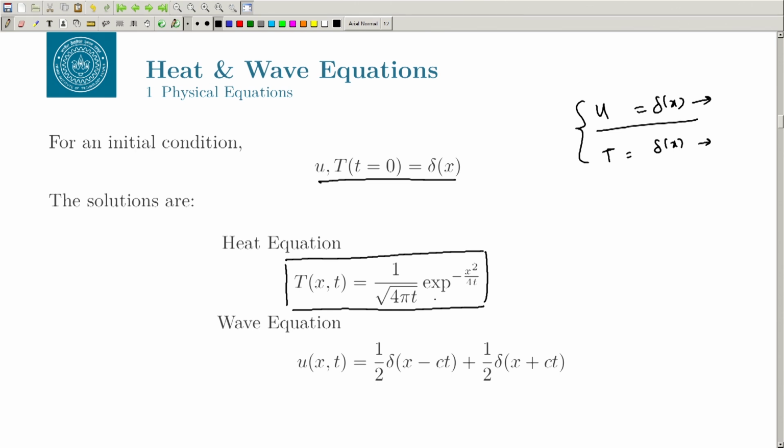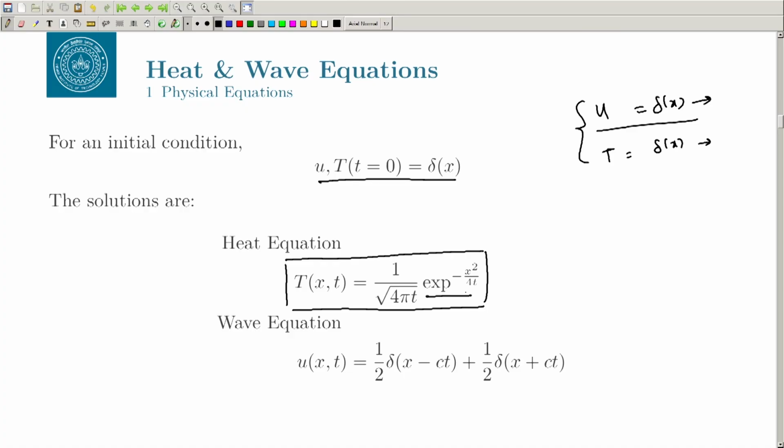So, you can see that there is a term which is exponential of minus x squared over 4t. So, even at a very small t, it will decay very fast, and basically it will distribute everywhere in a very small time, and that is why we say that it happens at an infinite speed.